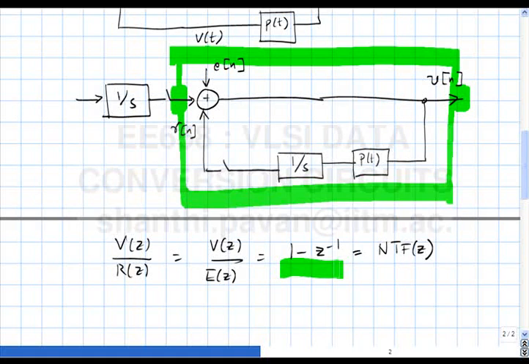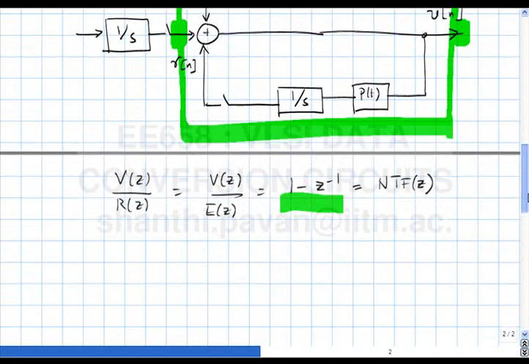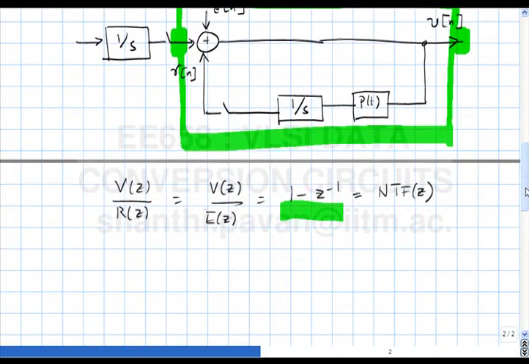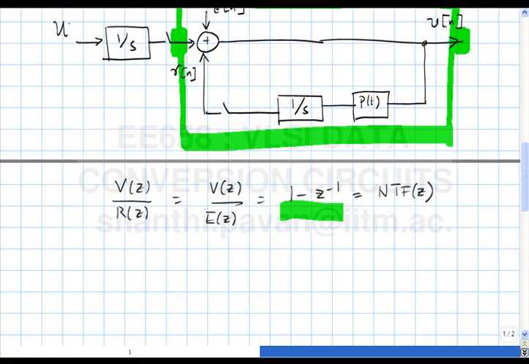Alright. Okay, now but I am interested in finding what the response is to a continuous time sinusoid applied here to the output, correct? So how do I go about finding it?